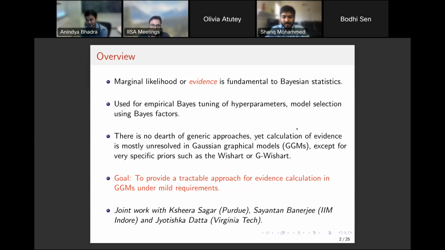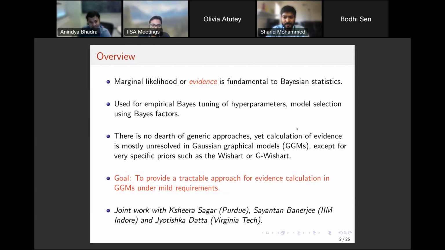There exist closed form formulas for very specific priors, such as the Wishart prior or some special cases under the G-Wishart. But if you want to move beyond those types of priors, evidence calculation is still intractable, and the common approaches are very difficult to apply, to the extent that we don't know how to apply them. I will make it clearer what the difficulty is.